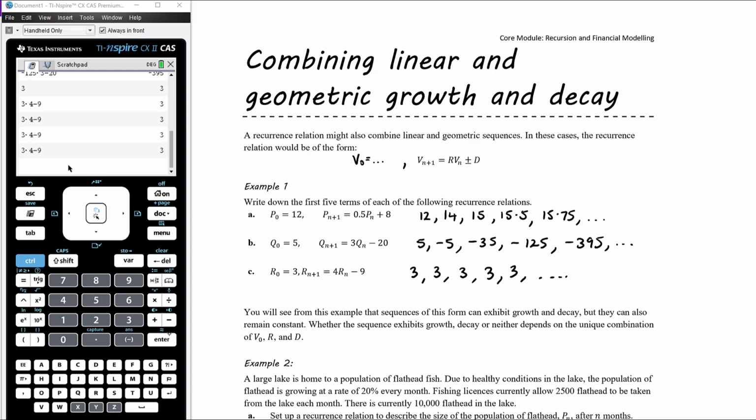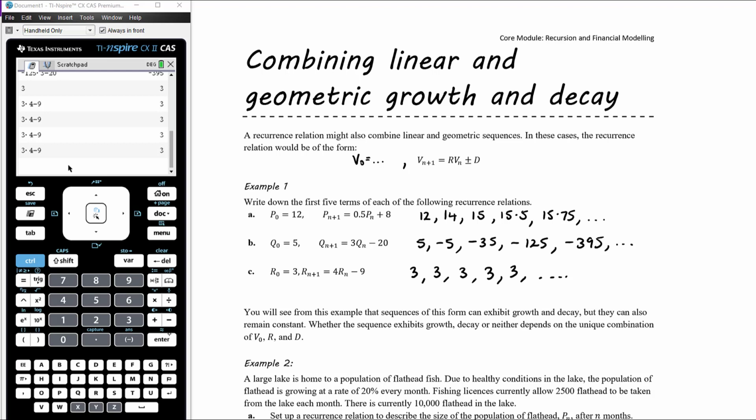The third sequence is remaining constant, because when we do 4 times 3, that essentially increases by 9, and then when we subtract 9, we get back to our starting value again. It's all about everything working together. If I were to change the starting value to 2, when I multiply 2 by 4 and subtract 9, I don't get back to 2, so different things would happen.